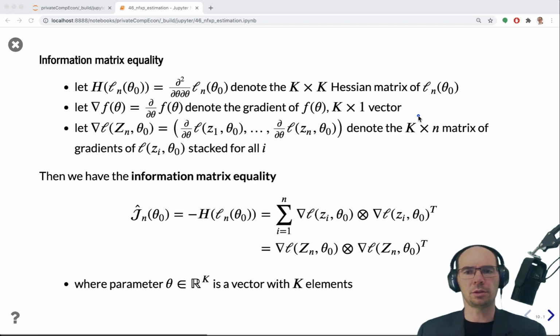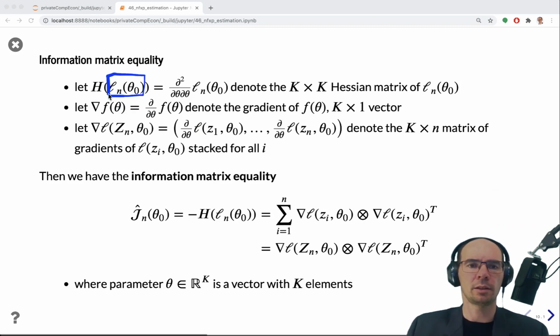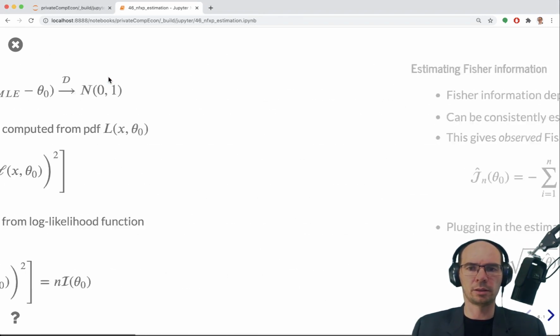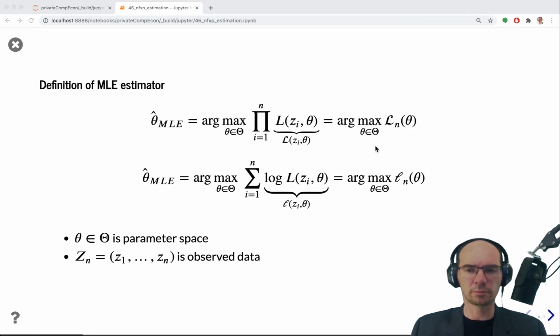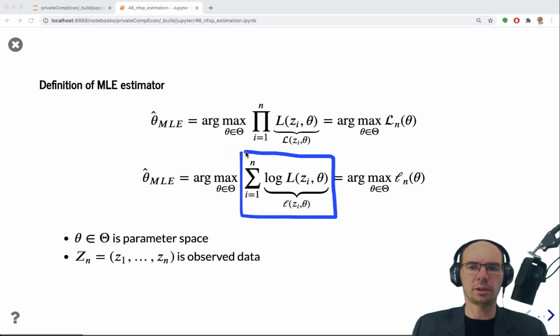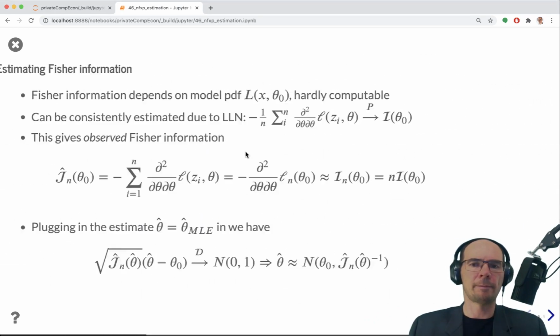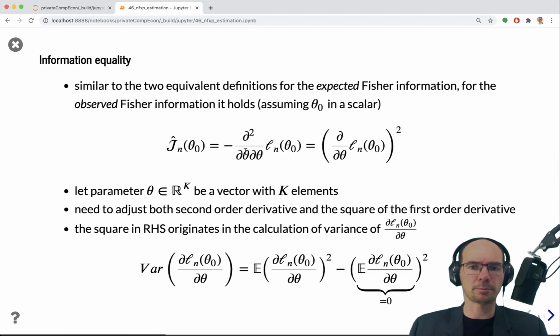But we can also remind ourselves that this ln is actually, if I go back to the very beginning, this small ln is the sum of the individual contributions to the log likelihood.